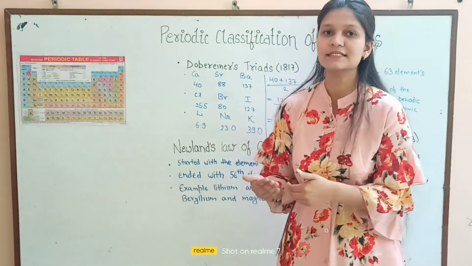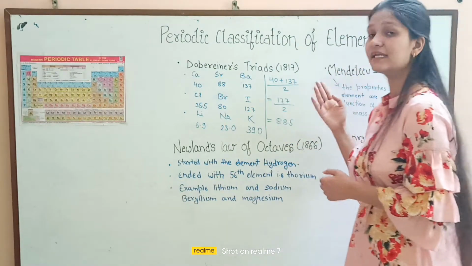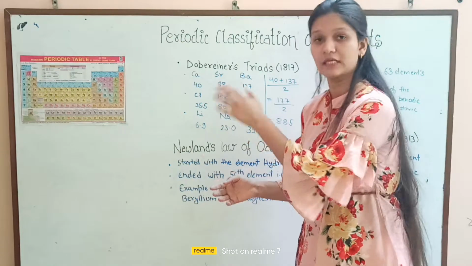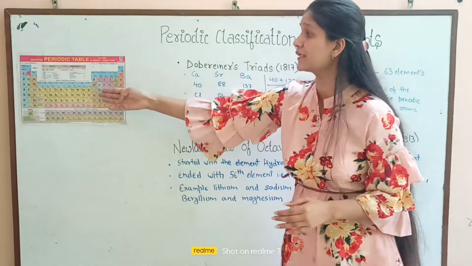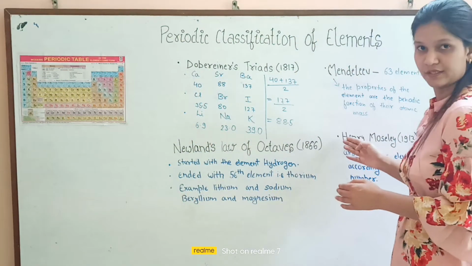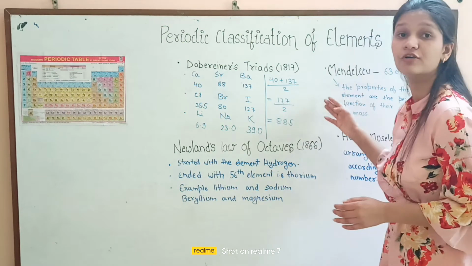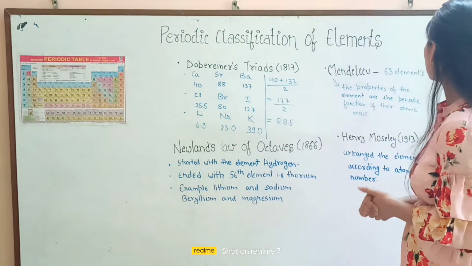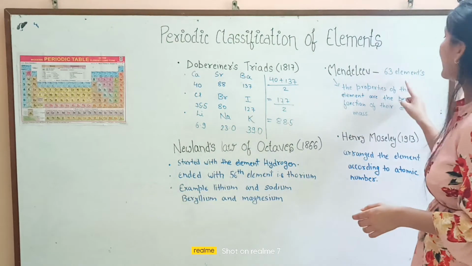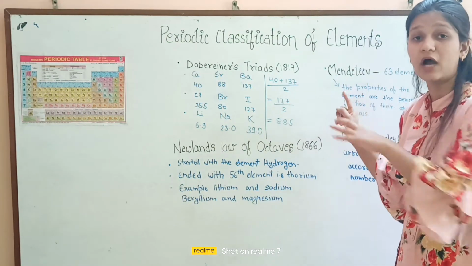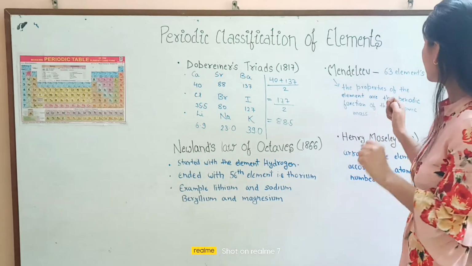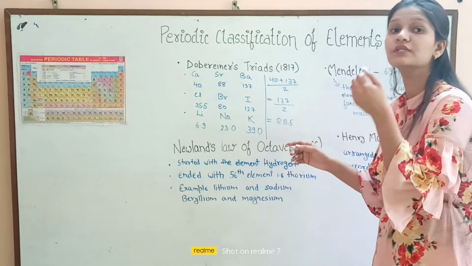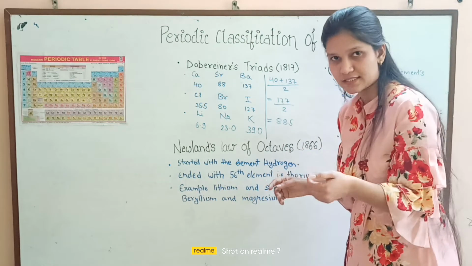Next the scientist Mendeleev came. Mendeleev is the main contributor of the periodic table, though the modern periodic table was given by Henry Moseley. At that time 63 elements were known and out of these 63 elements he arranged the elements according to their increasing atomic mass.